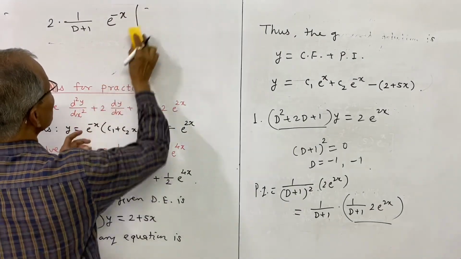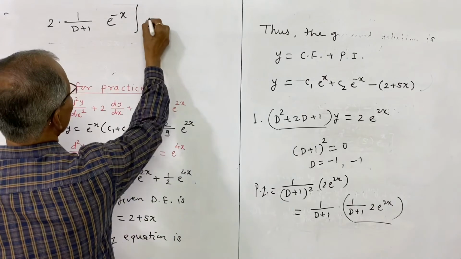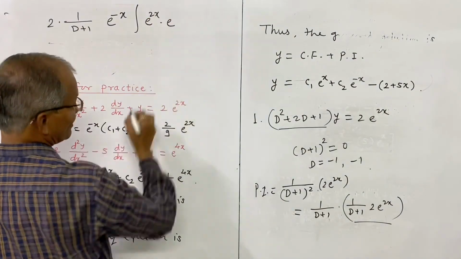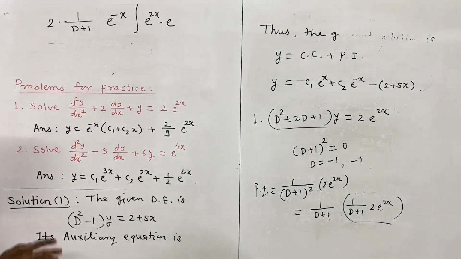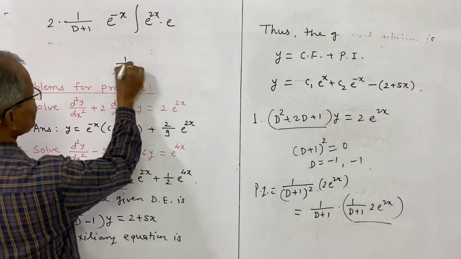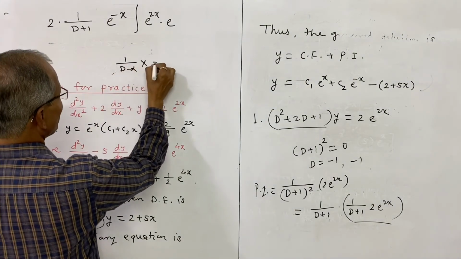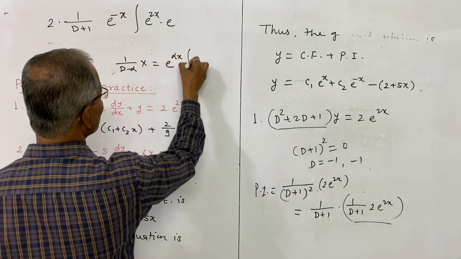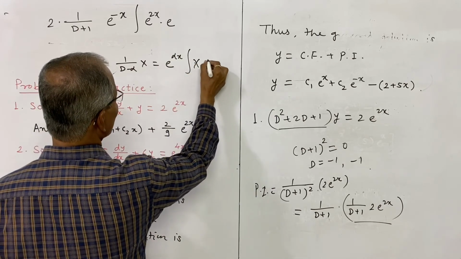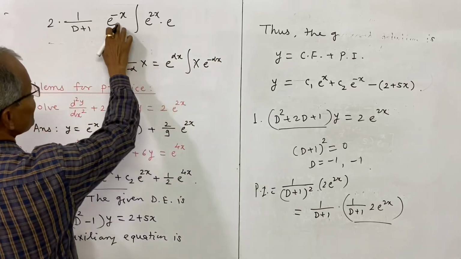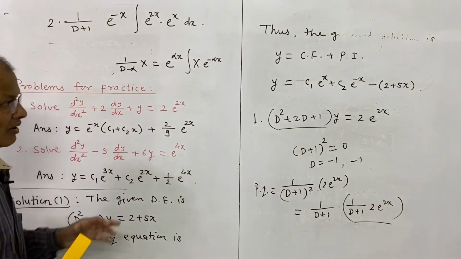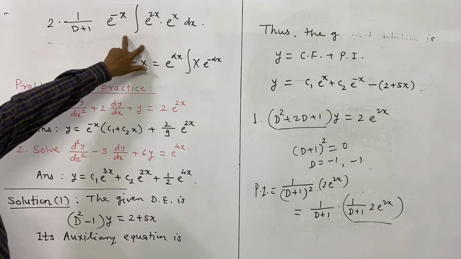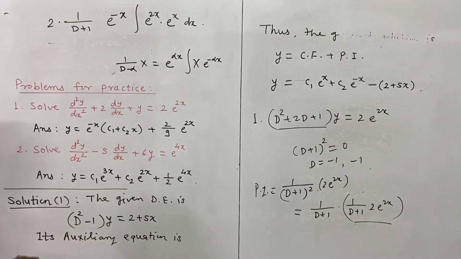The rule we have is 1 upon D minus alpha operated on x e power alpha x is e power alpha x integration of x e power minus alpha x, and here it is negative and here it will be positive. So check the formula and use it, and then evaluate this, operate 1 upon D plus 1 over it.